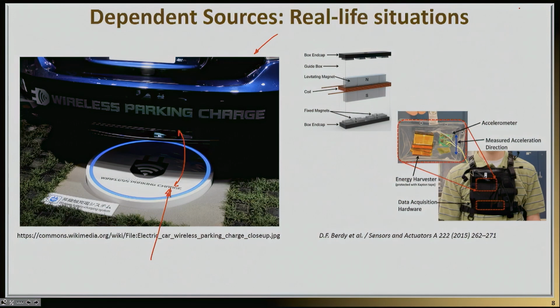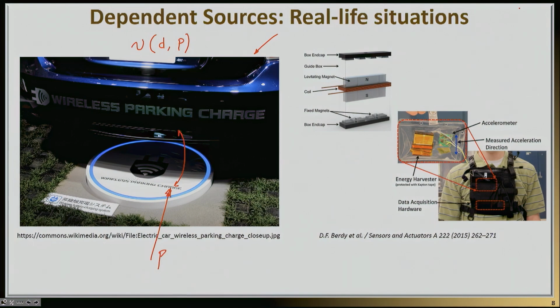And so clearly, the dependent source inside the car, let's say for simplicity a voltage source, will depend on some distance and some power, right? The distance is the distance between the vehicle and the charging mat, and the power is the amount of power that you're feeding the charging mat with. So this is a really good example of understanding how we model a real-life situation, a wireless charging situation, through a dependent source, which would represent what's happening inside the vehicle.